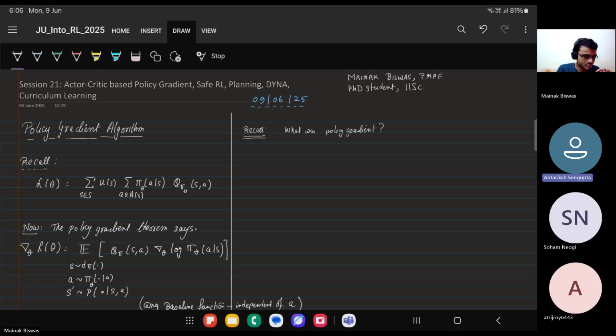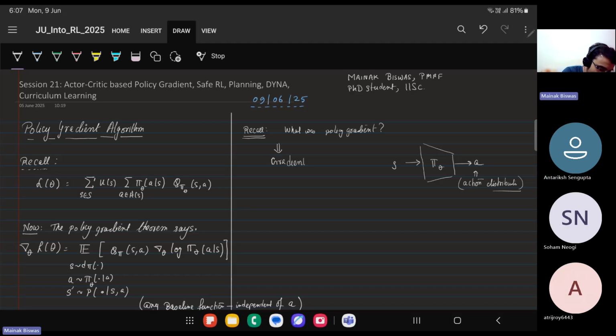In RL, the neural network would give us the probability distribution for the optimal action, and then we would differentiate it with respect to W. The idea is, given a state, you want a distribution over actions. That optimal action distribution is what I'm going to find using gradient descent, and that's why the term policy gradient: my policy is what I want to find, and it depends on the weights. So policy gradient.